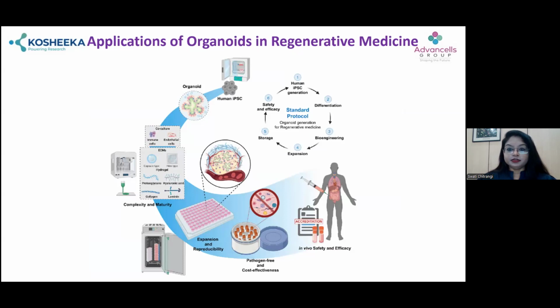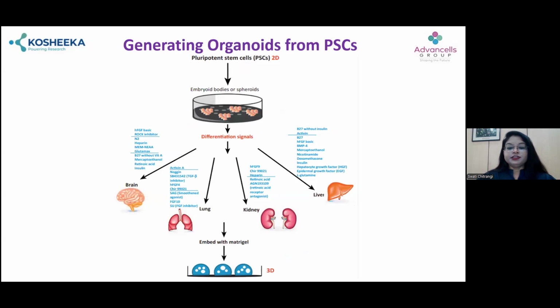But it's a very tedious process and it's under research, and you can replace the heart, brain, or any other organ of the patient. Then generating iPSC, as I already mentioned, you can make many types of organs using iPSC cells and the growth factors listed in this slide.